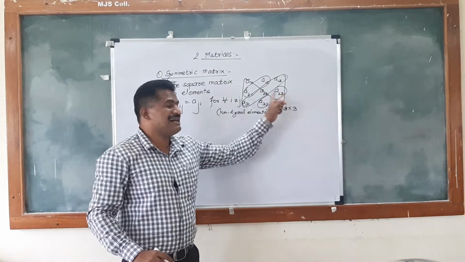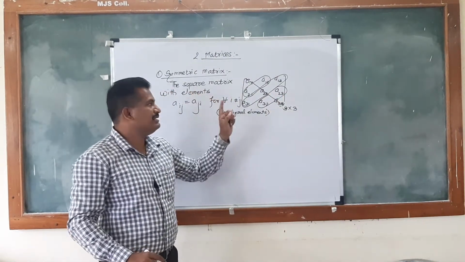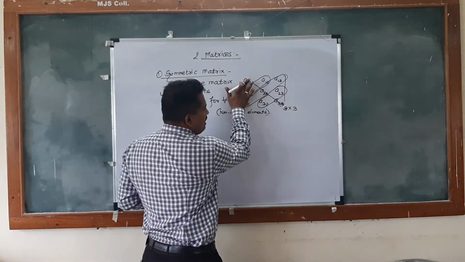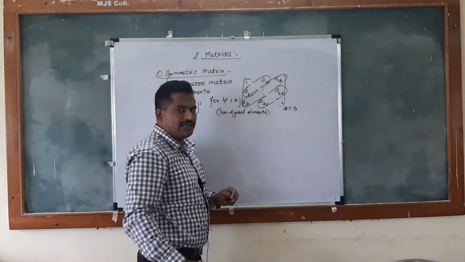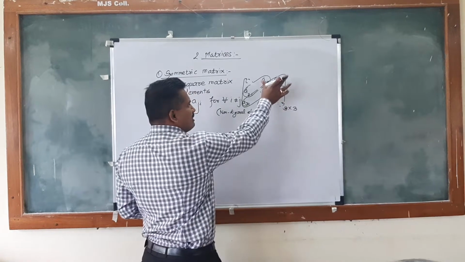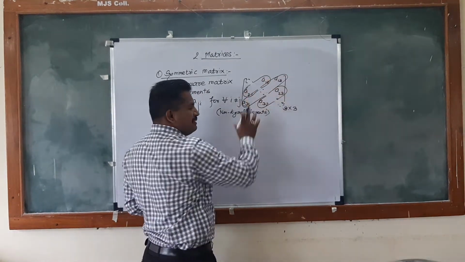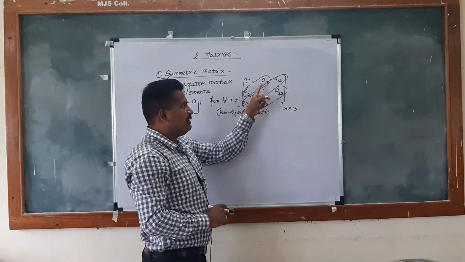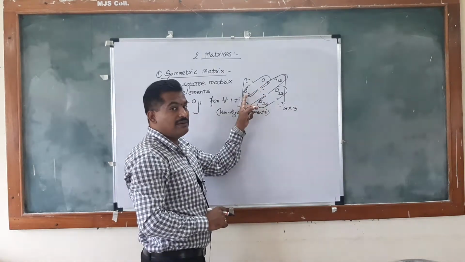If these elements are identical, then it is symmetric, because when we cut along the diagonal, these elements must be the same. This element A12 and element A21 must be the same.